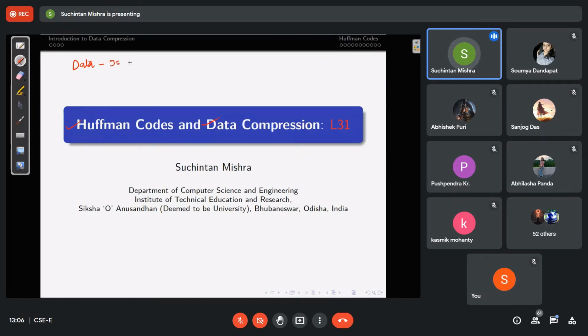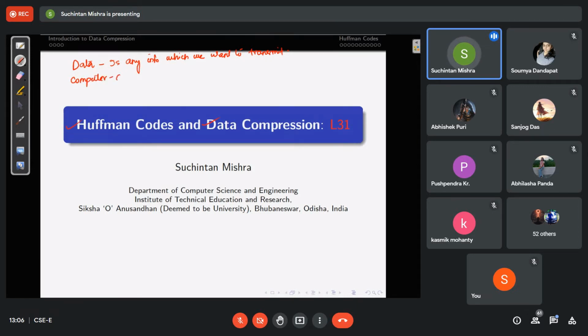Data is any information which we want to transmit or we want to communicate. What is the general format of data for every computer, or any digital device?